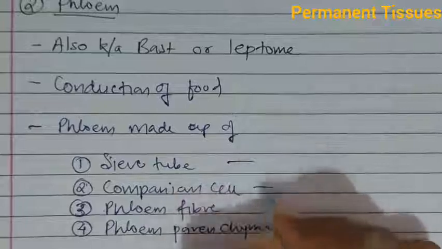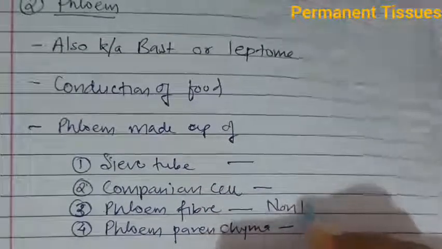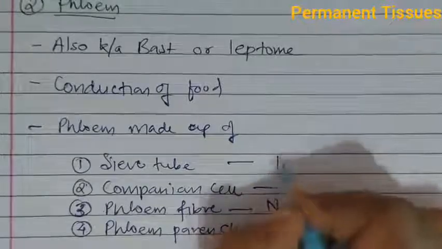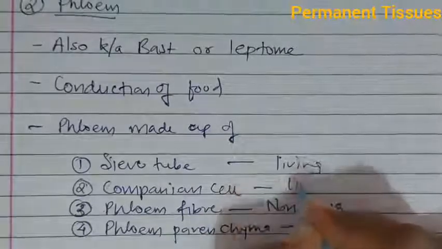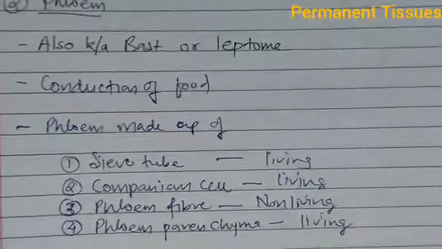Now in case of all this, phloem fiber is dead or non-living and the other three are living. So this is living, this is living, and this is also living.